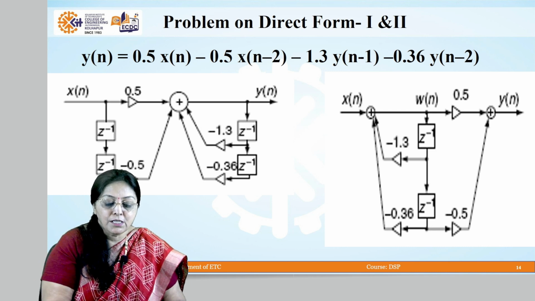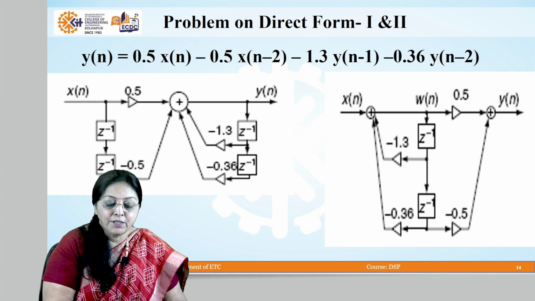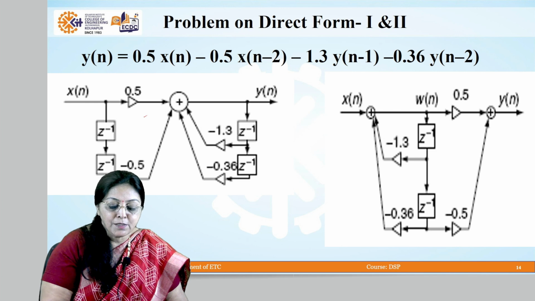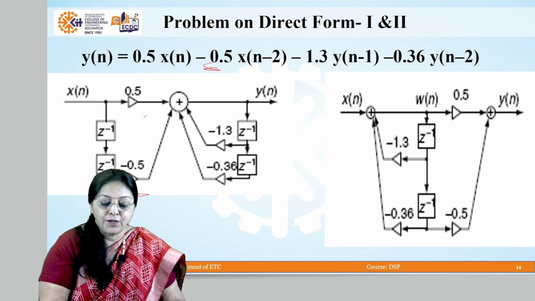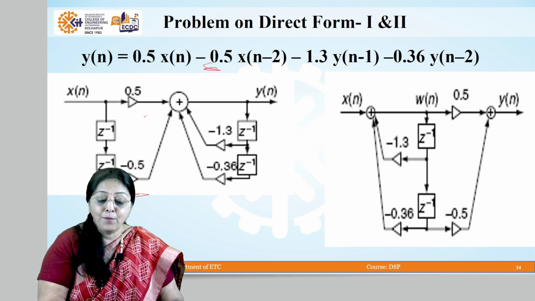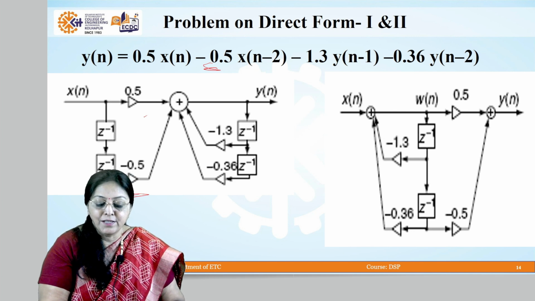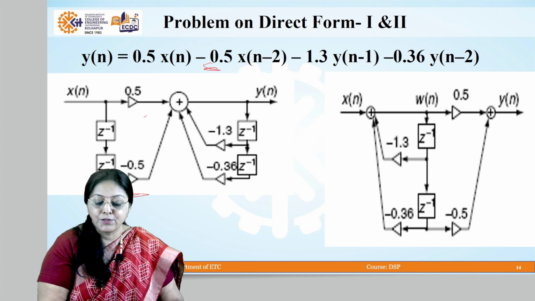So we use a single 0.5 multiplied with x(n) in the first element. Here minus 0.5 is multiplied with x(n-2). Then minus 1/3 y(n-1) and minus 0.36 y(n-2).